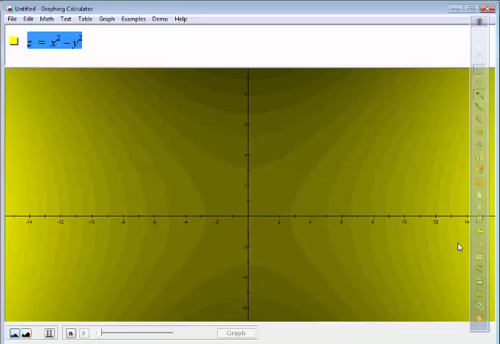So some of your practice in your homework and maybe a quiz sometime next week will be asking you to find the shape of the graph by looking at the different contours.